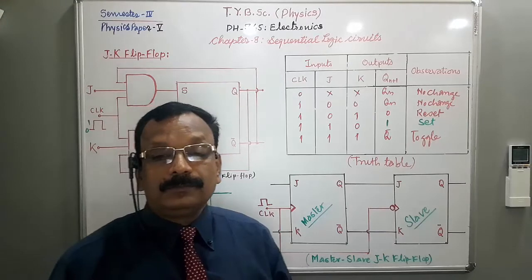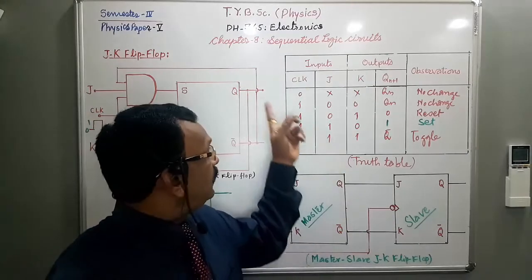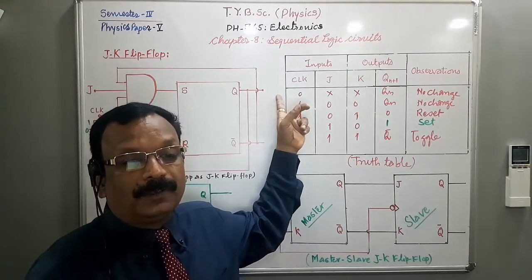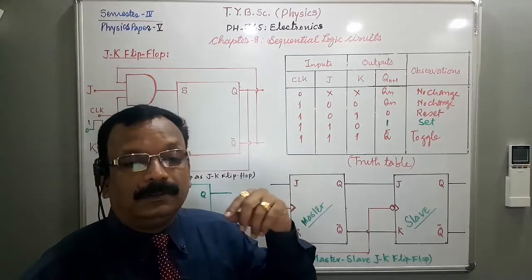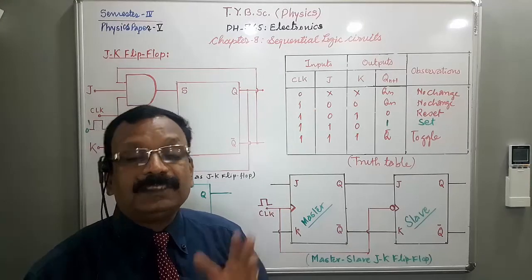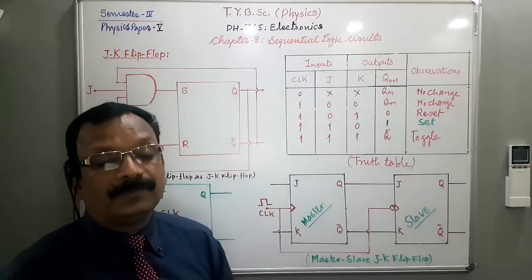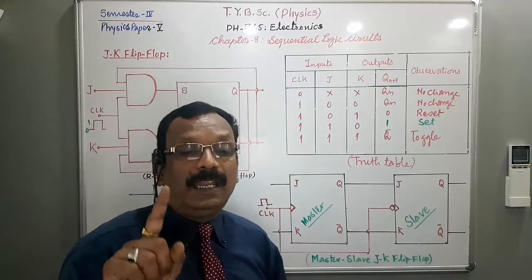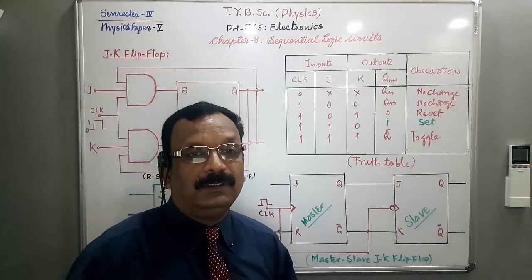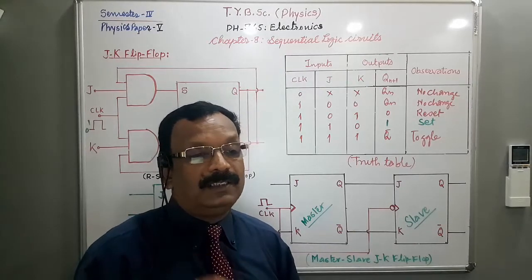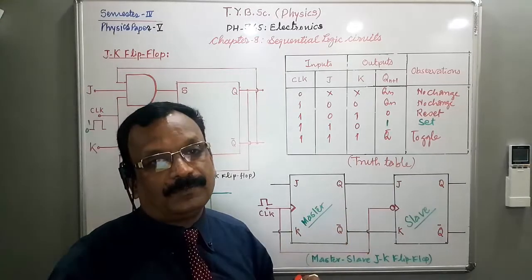If the previous state is Q equal to 1, the flip-flop will reset and Q will become 0. Similarly, when Q bar is equal to 1, the flip-flop will set on arrival of a positive pulse. Therefore if J and K are equal to 1, the output will toggle, that is the toggle state, which switches the output state with each positive clock pulse. Okay.